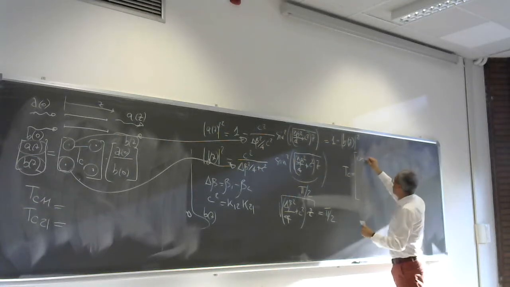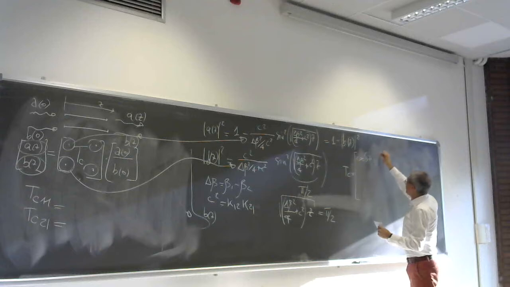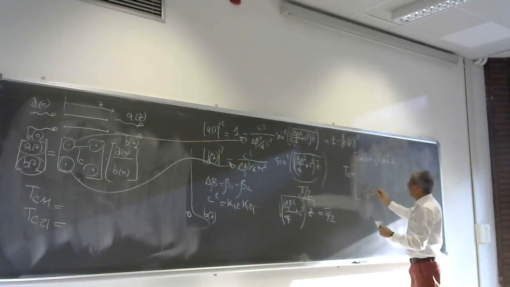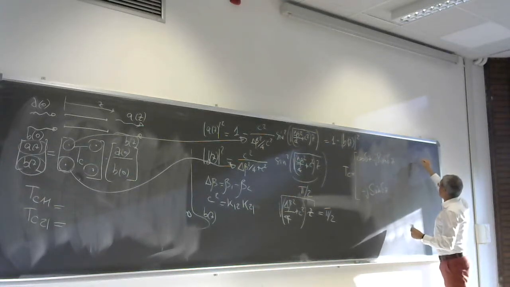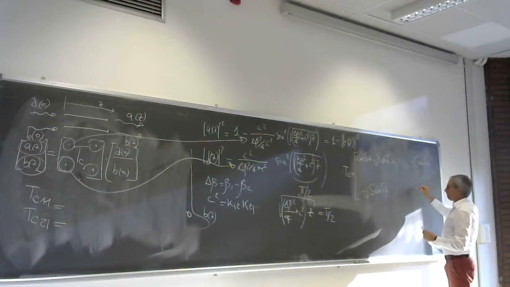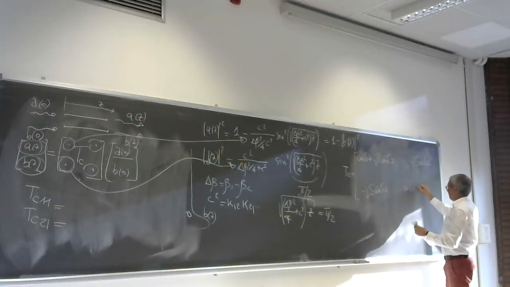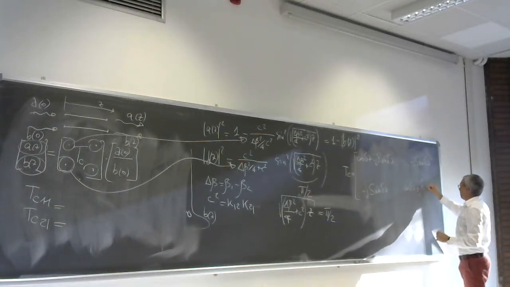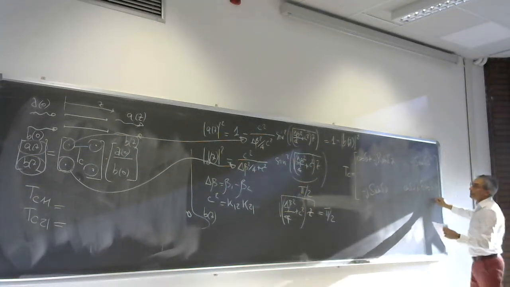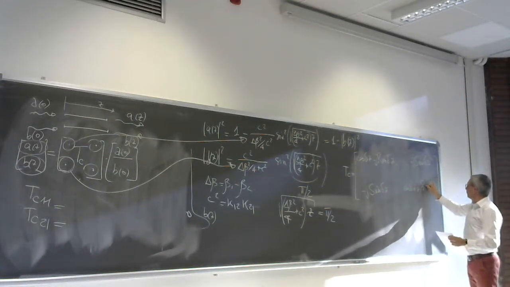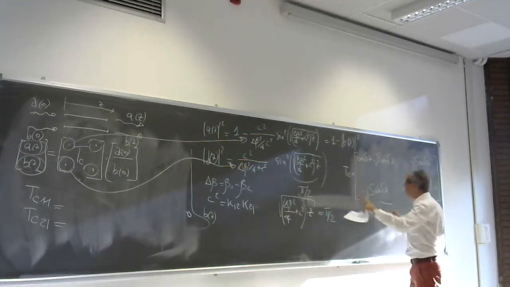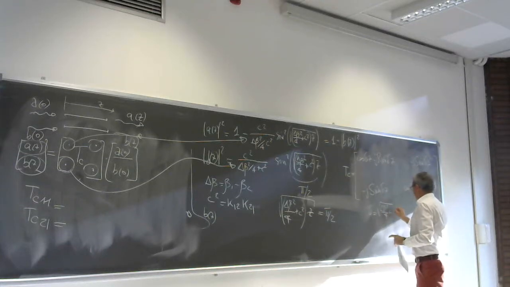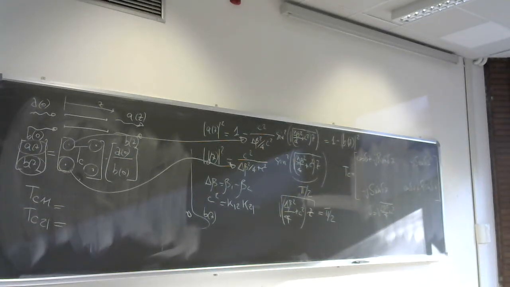And then let's write it in this way, where delta is the square root, as we already found.